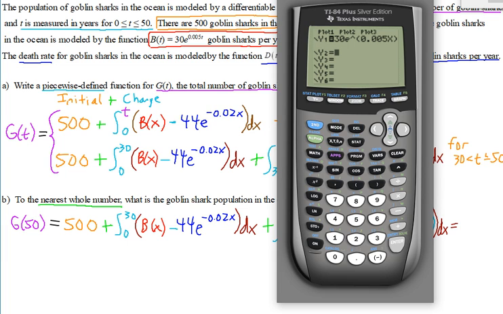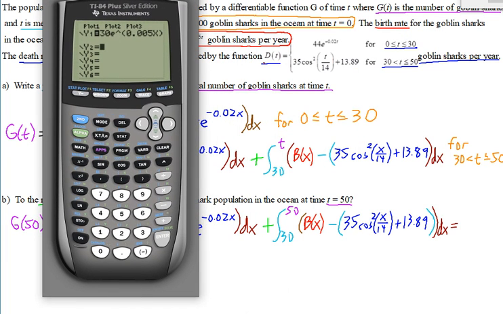And then for y2, well, we've got two components for d of t. And as far as I know, there's not a way to put in piecewise functions as a single function in your graphing calculator. So we'll have to put them in separately and then just apply the appropriate domains to them. So this one would be 44 e to the negative 0.02 times x. And then that'll be the first part of d of t, and then y3 I'll make the second part of d of t.